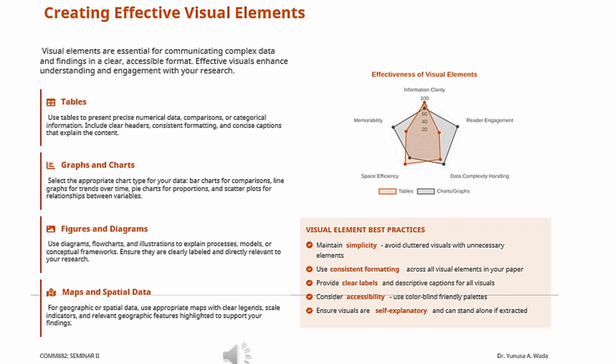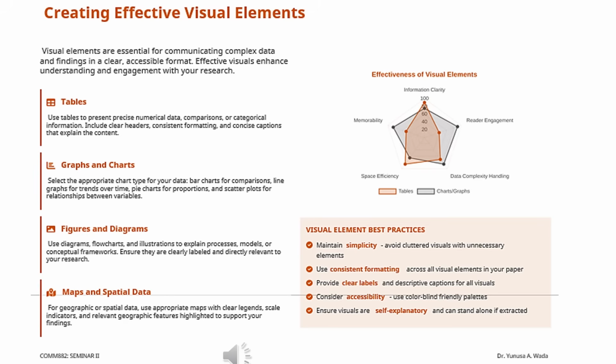Then maps and spatial data are also useful for displaying geographical data or disease distribution. Importantly, when creating visuals, ensure they are clear, concise, and self-explanatory. Label everything clearly and use appropriate scales and choose the right type of visual for your data.